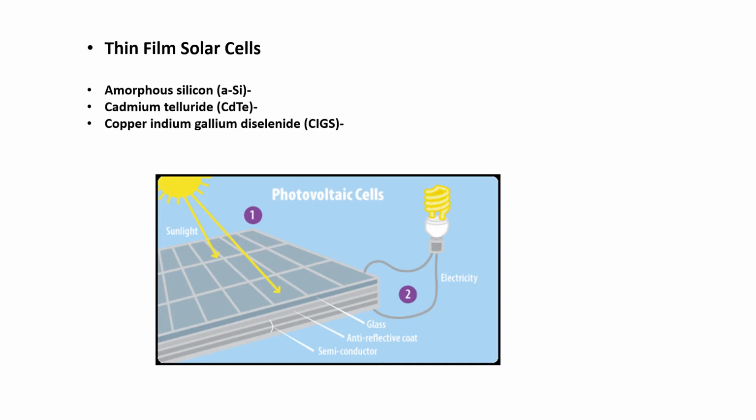Also, it's ideal to run small scale applications. However, the disadvantage is that thin layers of amorphous silicon absorb sunlight less efficiently, hence generate less efficiency. Therefore, they are not suitable for large-scale applications such as solar-powered buildings.